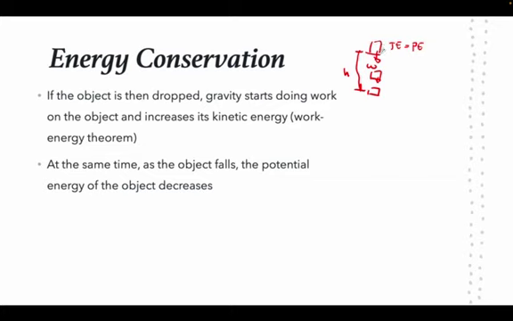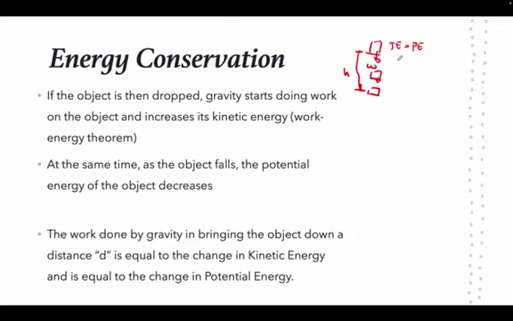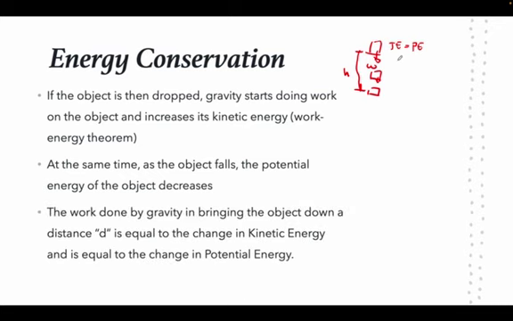And as the object falls, the potential energy decreases. So what we're seeing is that the work done by gravity in bringing the object down a distance h, or d, is equal to the change in kinetic energy, but it's also equal to the change in potential energy, because work is equal to the change in energy.